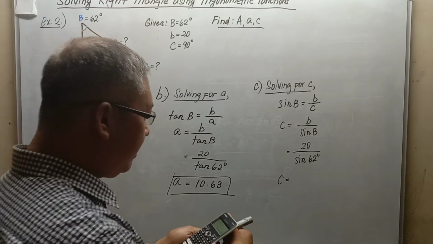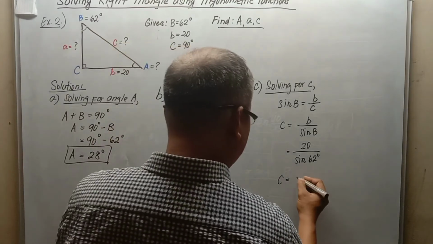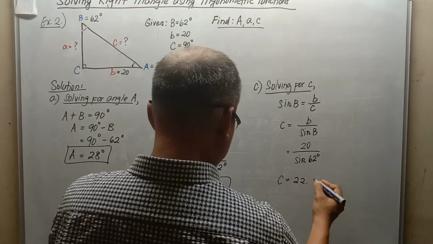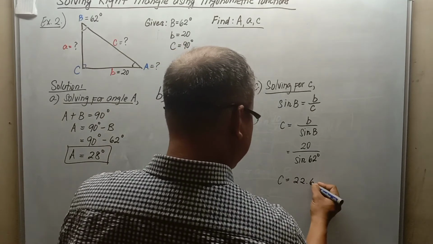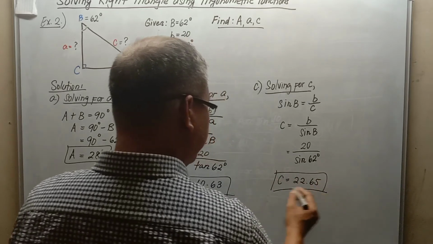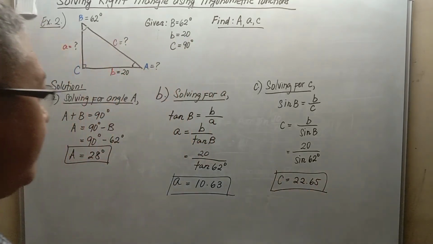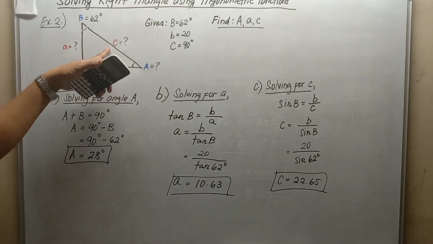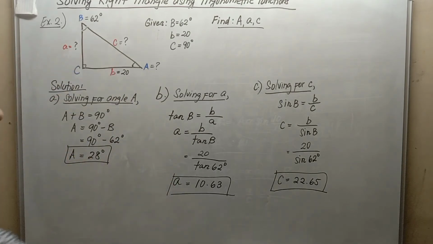So there are 22.65. So this is the answer for the hypotenuse or the third side, 22.65.